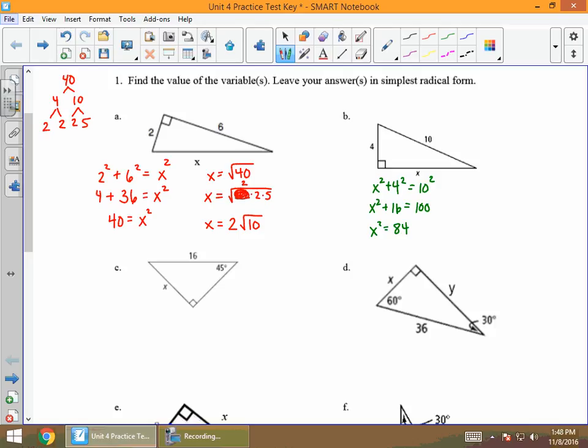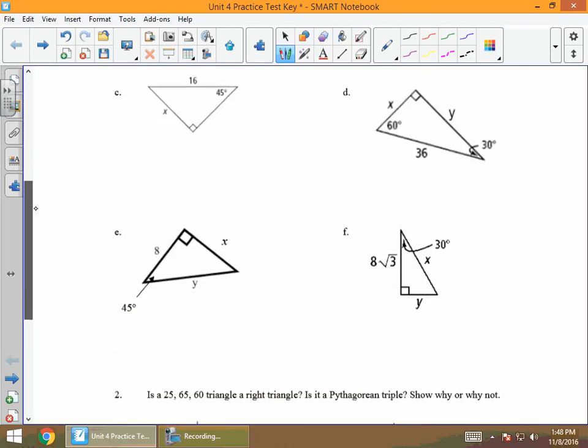So that means x equals the square root of 84. And again, if you were to do a factor tree of 84, you would get 2, 2, 3, 7 inside. So a 2 comes out, and you end up with 2 radical 21. So 2 radical 21 is the simplest radical form.